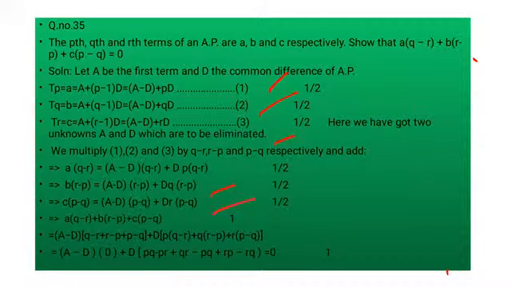By adding a(q minus r) plus b(r minus p) plus c(p minus q), we will get 0.